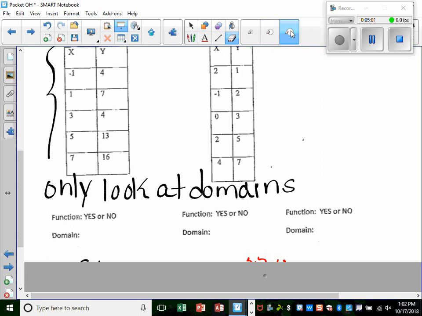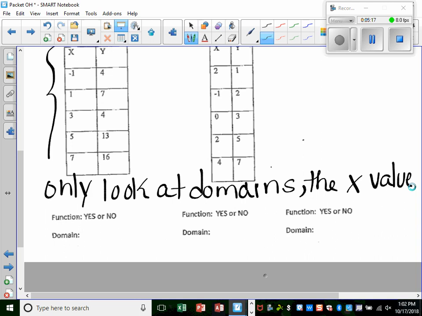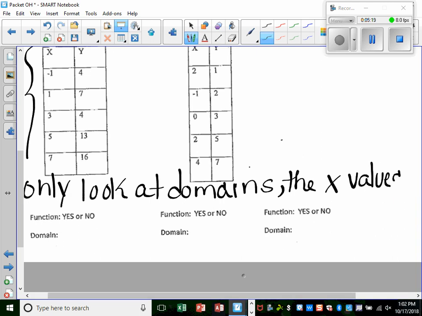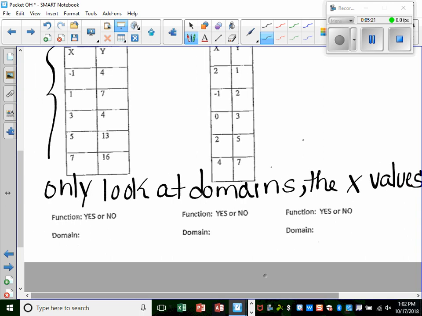So what should happen to the domains? They should all be different. Okay, so you want all the X values to be different. The X value should, and I'm just going to say not repeat.